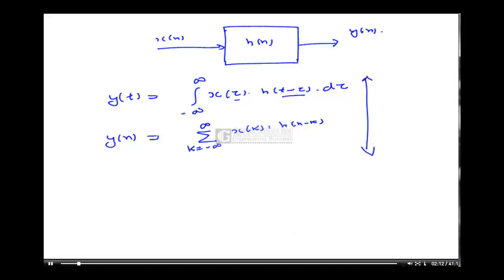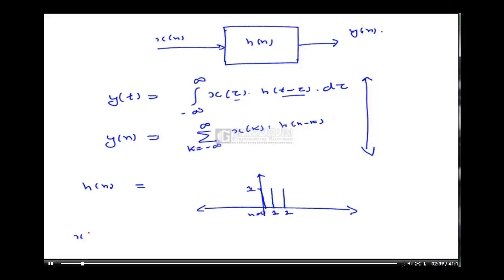So this is a general expression for finding the convolution. But how does the convolution actually work? We will see that. Suppose h(n) is something like this, at 0, 1 and 2.